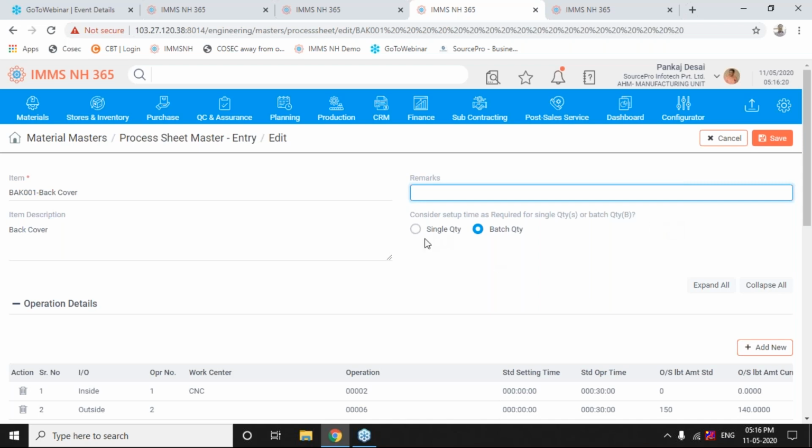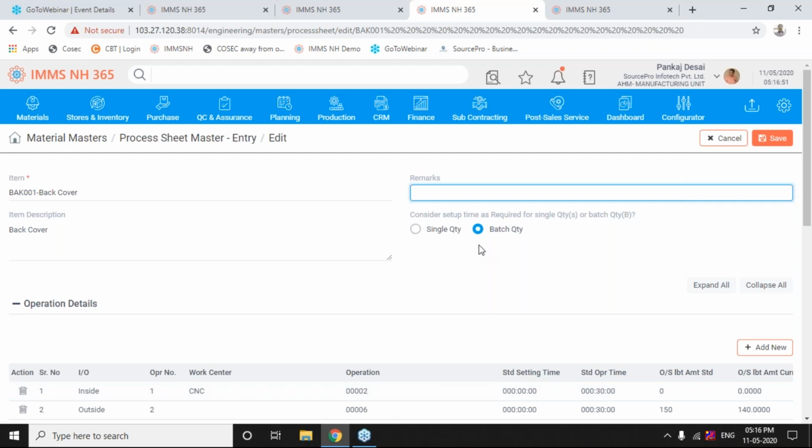So if I am doing this manufacturing for batch quantity, then the setup time defined here is calculated for the cost purpose, considering that the setup time will happen only once for the whole batch, and the operation time will be for every item, every individual piece, but my setup time will be for the batch.